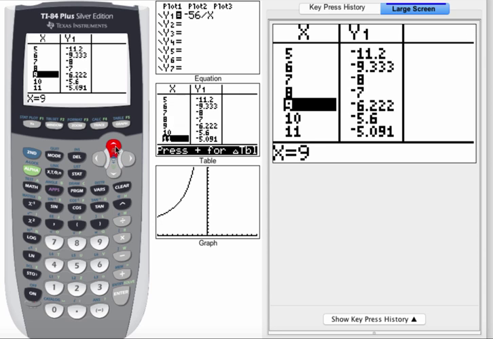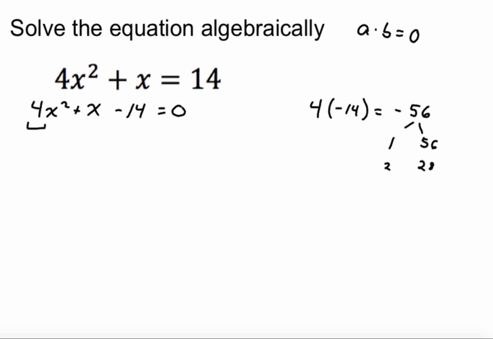Now, remember that we're trying to find two numbers that sum to a positive 1. And as I'm looking at these lists, I'm mentally subtracting from each other. So this is 7 minus 8, that's negative 1, and 8 minus 7. Oh, 8 minus 7, well, that is a positive 1.